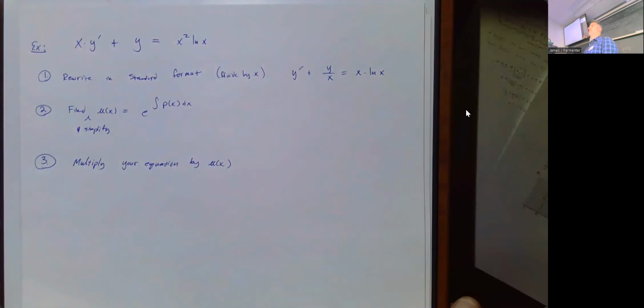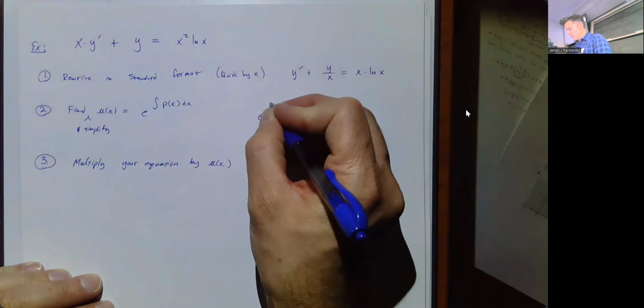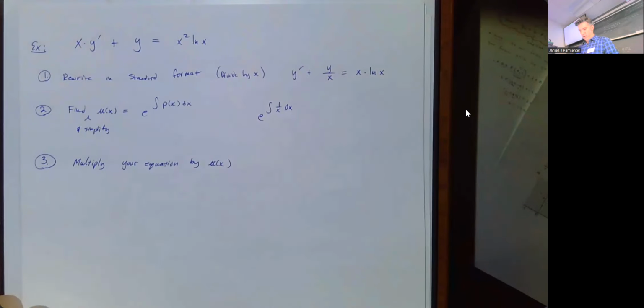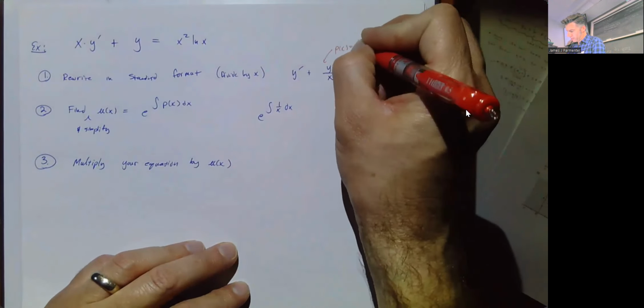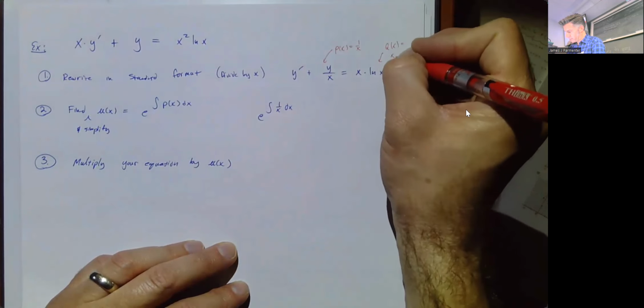This particular problem bothers me a little bit, and I'll tell you why in a minute. It almost feels like we're going to kind of undo what we just did. So our integrating factor here is e to the integral of 1 over x dx, right? I should point out here, our p of x is 1 over x, and our q of x is x natural log of x.